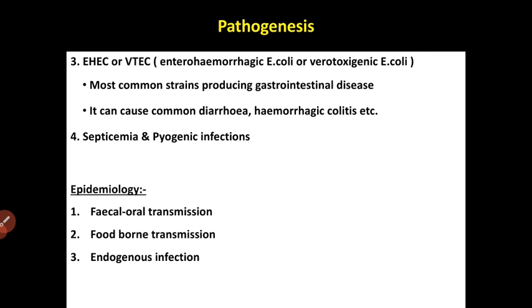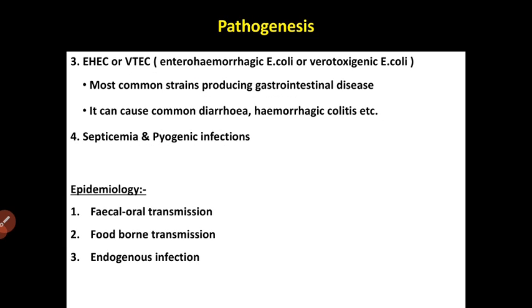Epidemiology. Fecal-oral transmission, foodborne transmission, and endogenous infection. Transmission of E. coli occurs from person to person, usually by the fecal-oral route. Next, foodborne transmission of E. coli is observed in cases of severe gastroenteritis caused by type O antigen 15 and H antigen 7, traced to contaminated meat.